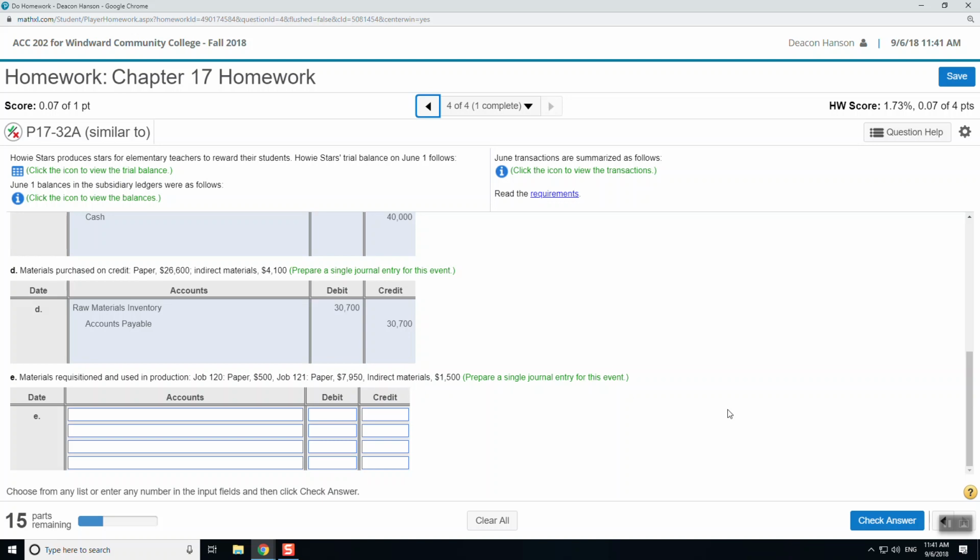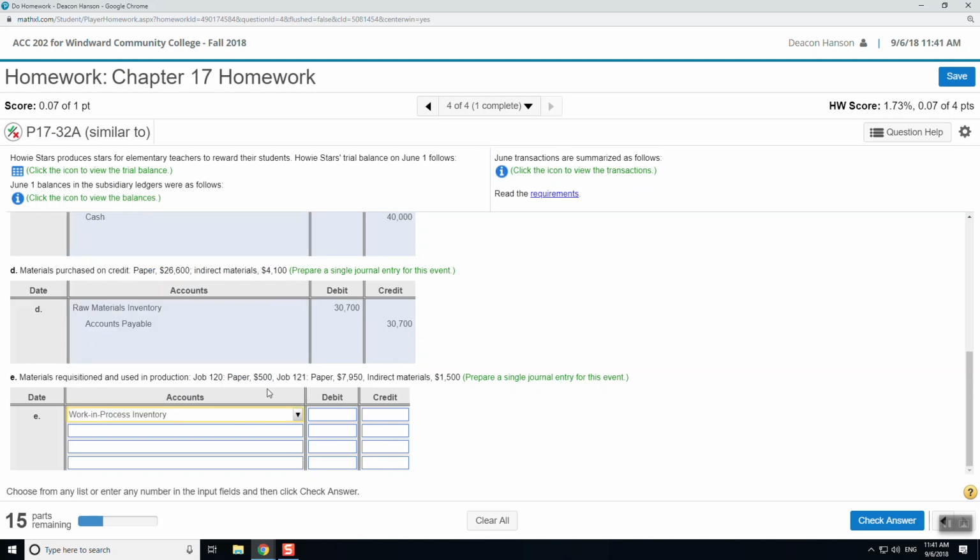And they want a single entry. Okay, so my entries are kind of at the master account level. We're not really down in the detail. Okay, so I'm going to add the paper, because those are direct materials. We know exactly how much paper we need for each large star and each small star, which is our end product. Okay, so I'm going to put those two directly into work in process.